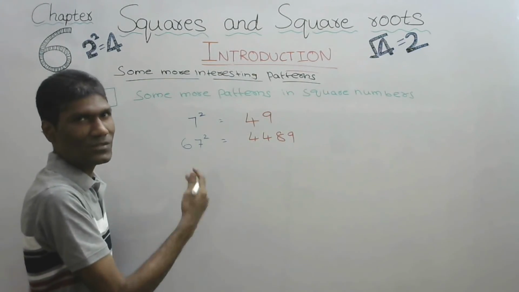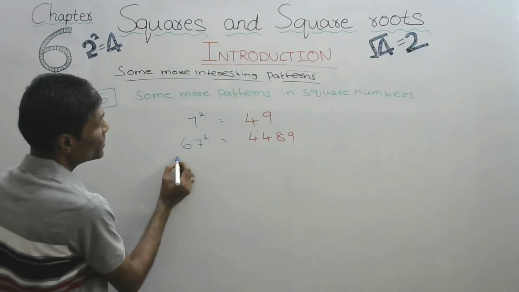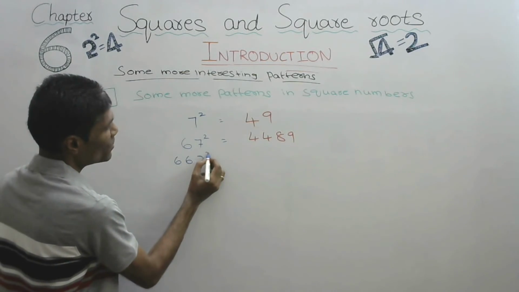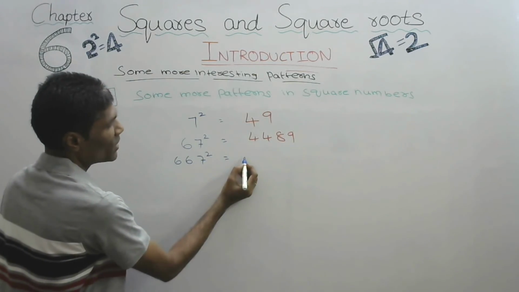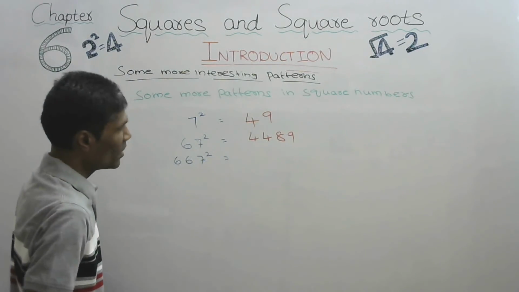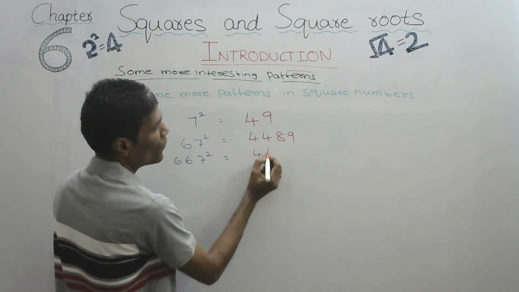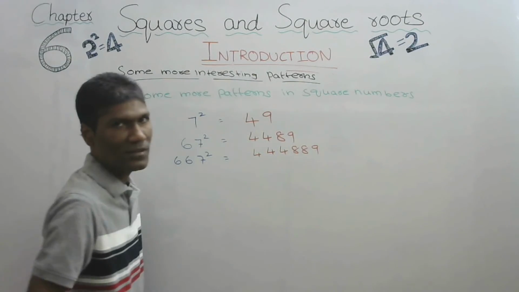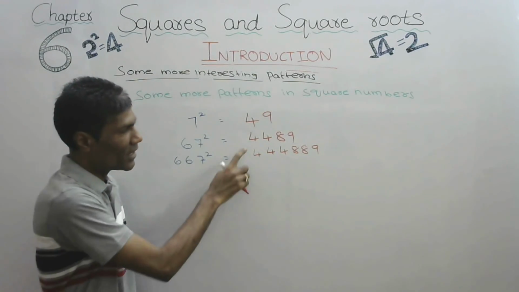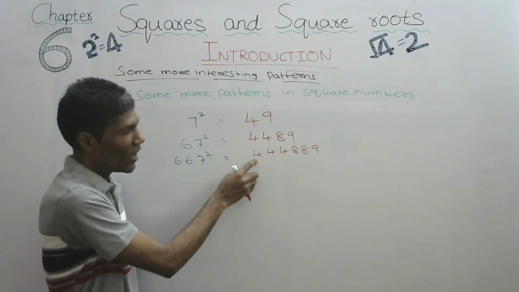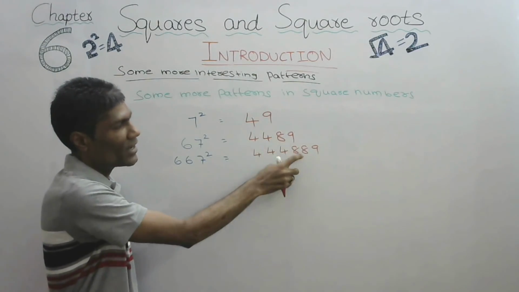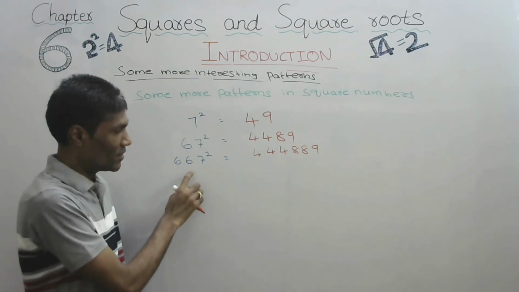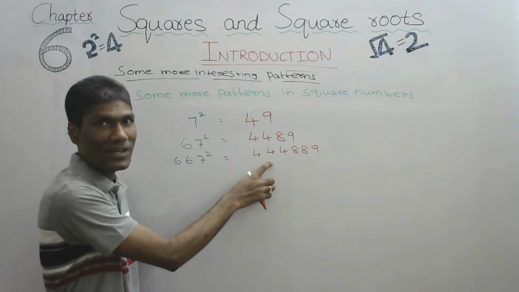Let us see the next one. 667 square is equal to 44489. So how are we getting this? These 4s are there. One 4 we are increasing, one 8 we are increasing. This is the value. If you want, you can check it out.